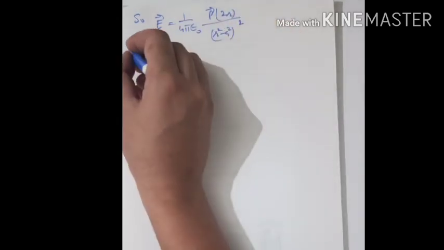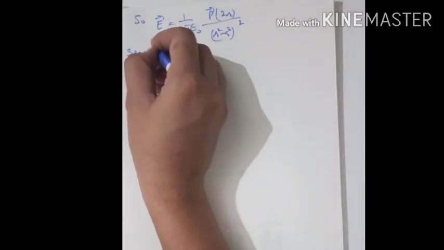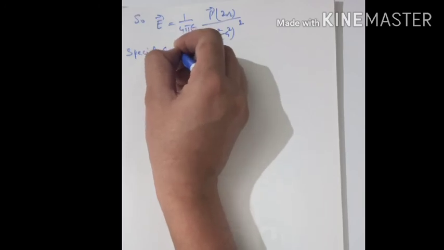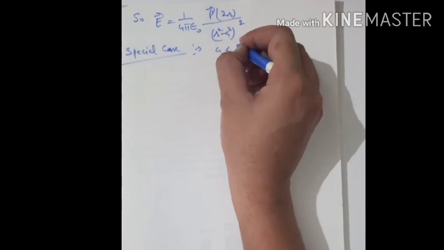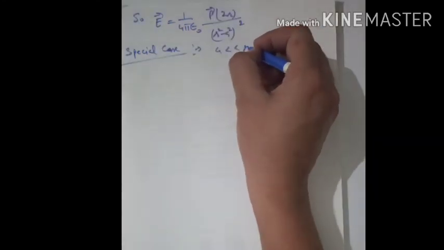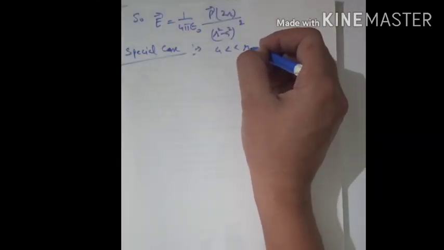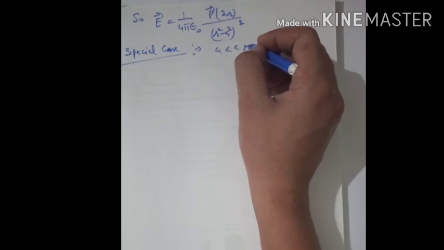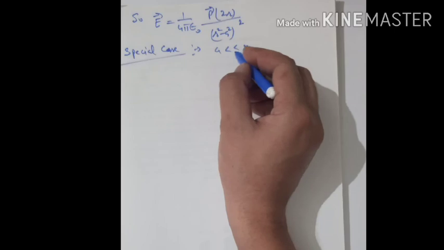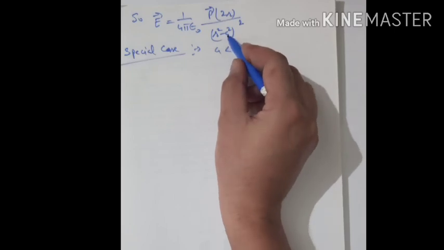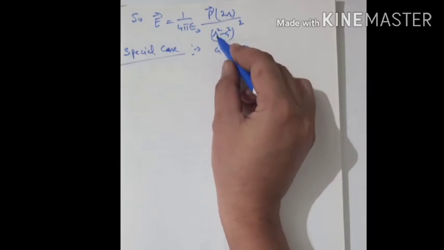So one is a special case. If the dipole is very small, meaning if the distance is very small as compared to the r distance, here we neglect a square. If the distance is very small, then we neglect a square as compared to this r square.